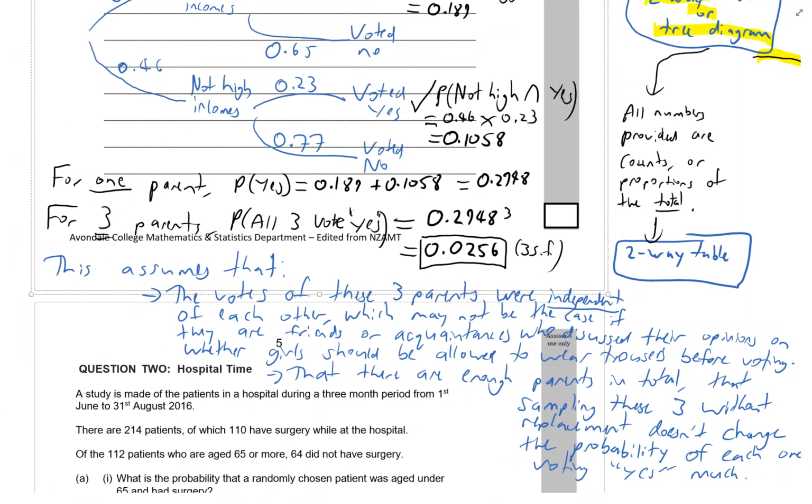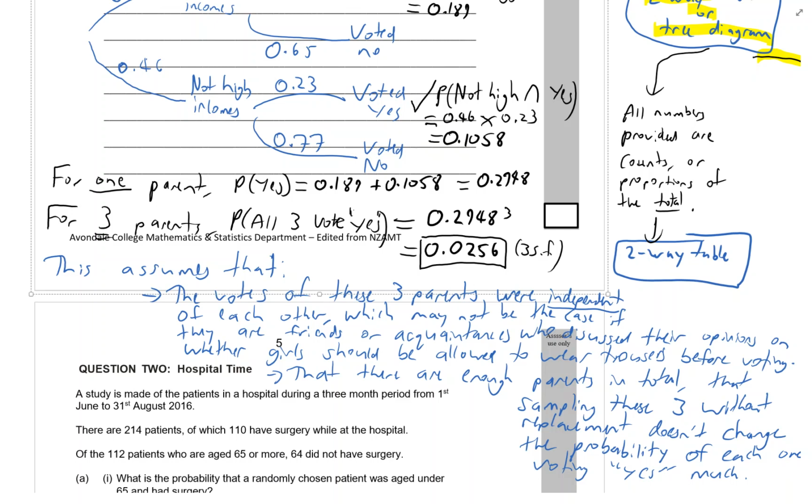So the first parent that we picked would be a 3 out of 10 chance of voting yes. Three parents who voted yes out of 10 parents, so a 30% chance. But then after that, when we went to choose a second parent, we'd have to work out, well, there's only 9 parents left, and only 2 of those left voted yes. So it'd now be 2 out of 9 instead of 3 out of 10, which is quite different, isn't it?